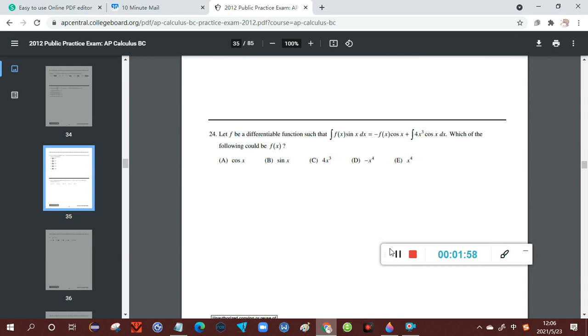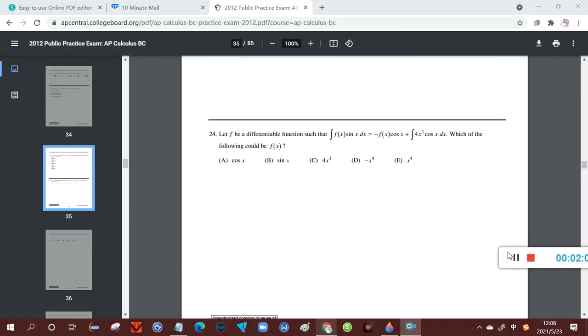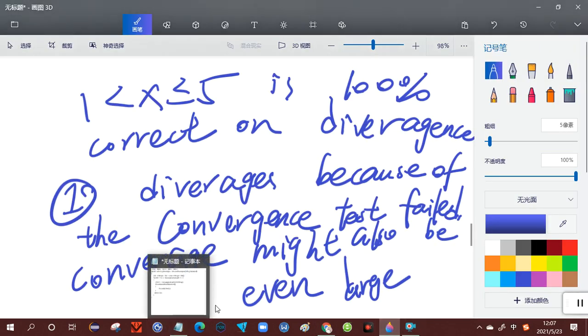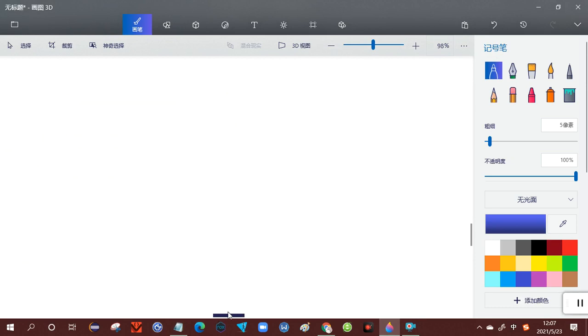Let's look at 24. 24 is the problem about related rates. Not related rates, sorry, I mean integration by parts. Let's restate the integration by parts formula, which I also forget.